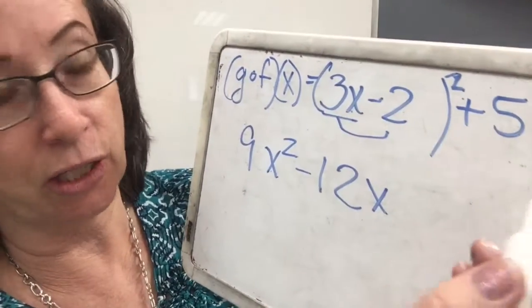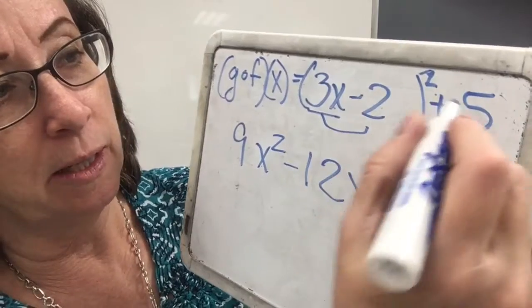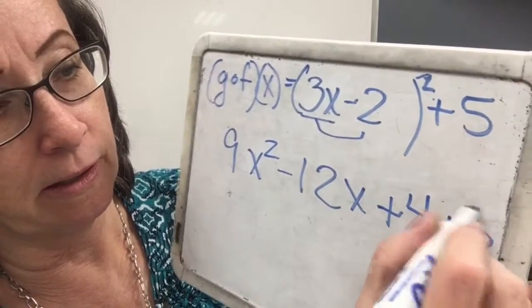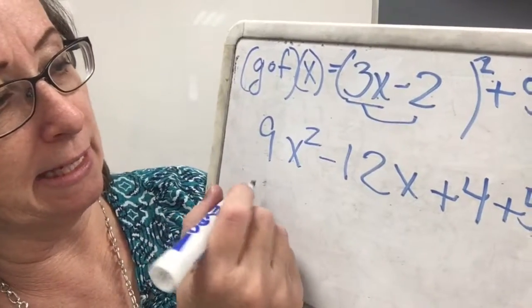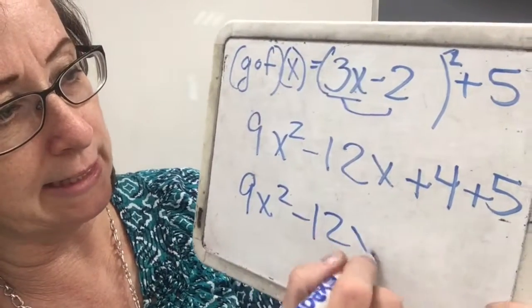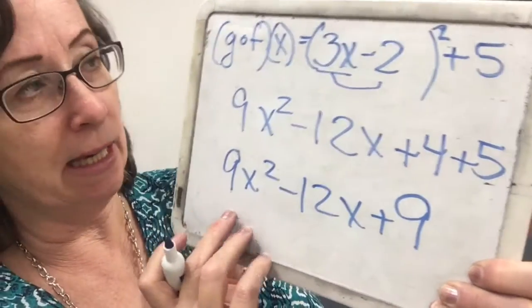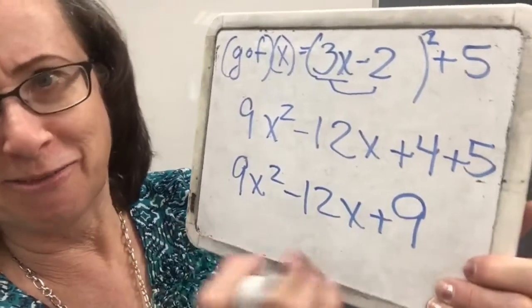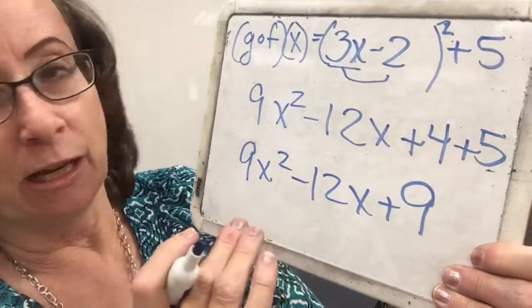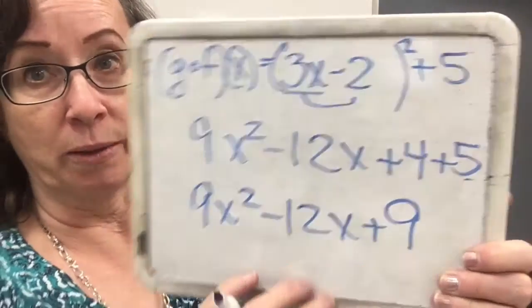And then the last term squared is going to be positive 4 plus the 5. So I simplify and I get 9x squared minus 12x plus 9 is my g of f of x, and it is also a parabola with a domain of all real numbers.